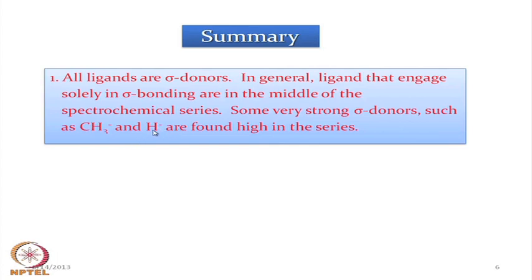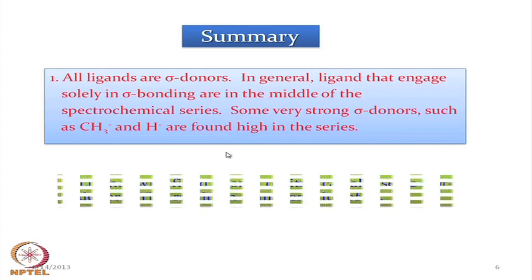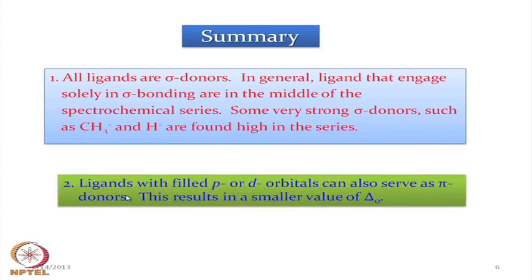They only show sigma interaction, but their sigma bonding is strong compared to other sigma donor ligands. Then, in the second category, ligands with filled p and d orbitals can also serve as pi donors, and they result in a smaller value of delta octahedral.